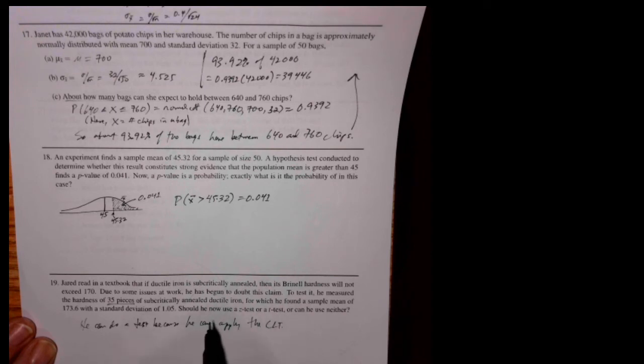Well, if you read this, it says he found a sample mean of 173.6 with a standard deviation of 1.05, right? So the standard deviation is from the sample, not the population. It's from the sample, so he must do a t-test.